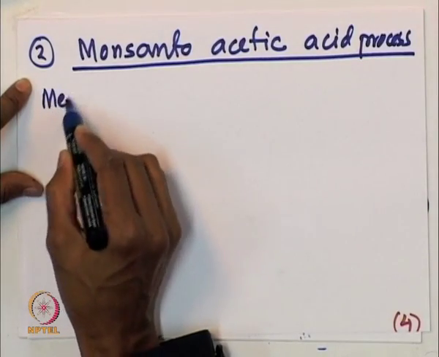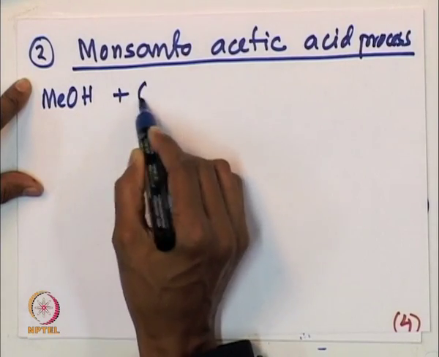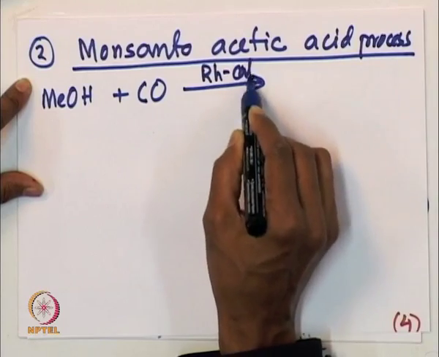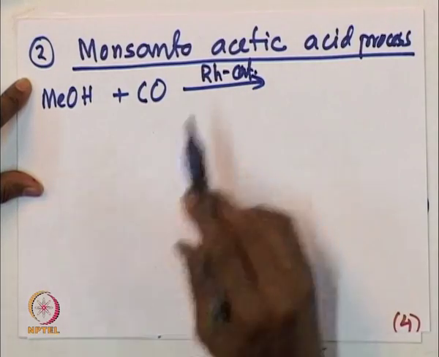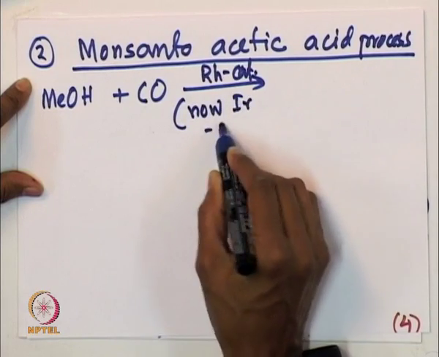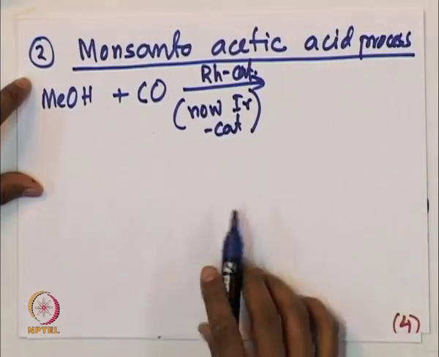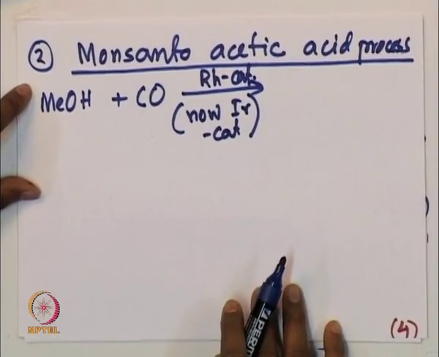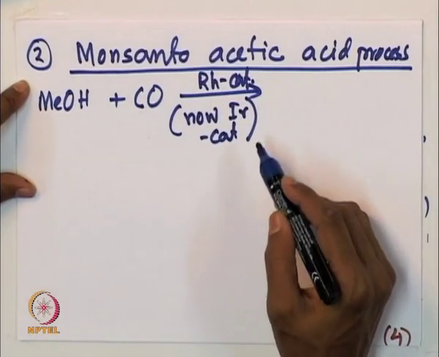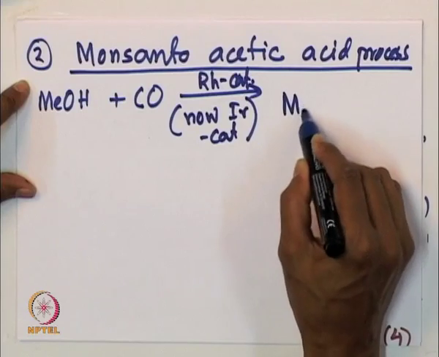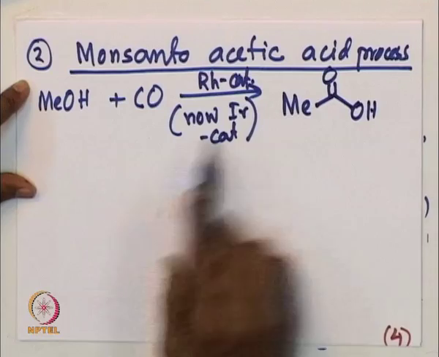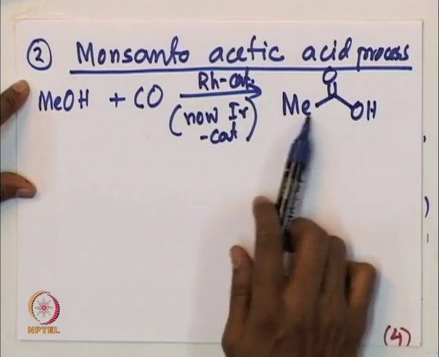As you all know, methanol and carbon monoxide, usually with rhodium catalyst, traditionally or historically with rhodium catalyst, but nowadays it is replaced with iridium catalyst. Nowadays industry uses iridium catalyst, but if you look at the history of the development of the Monsanto acetic acid process, it is the rhodium catalyst that has been utilized. Essentially it is an acetic acid formation, right. So, methanol and carbon monoxide give you acetic acid.